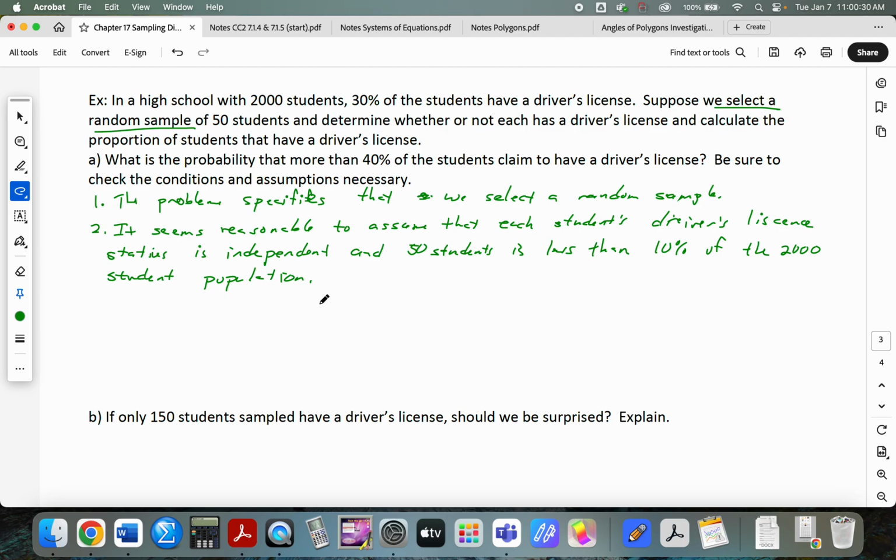Oh, okay. So other than the 10%, then what makes it reasonable to assume they're independent? It's just students. There's nothing to make me believe that if I pick a student who has a driver's license, that I'm more likely to pick another student that has a driver's license. That one is independent of the other.